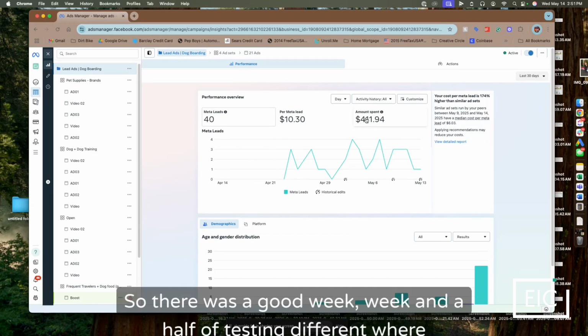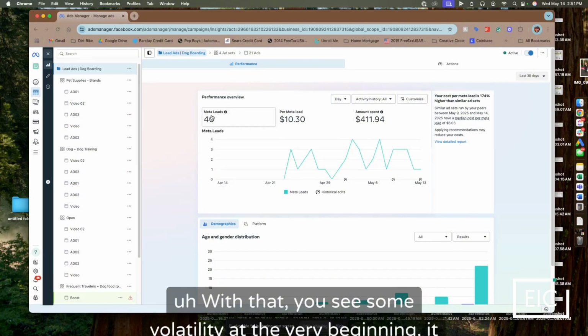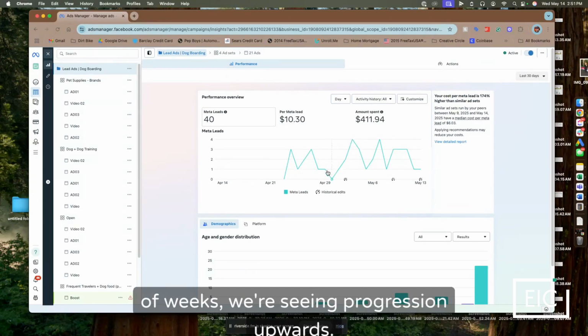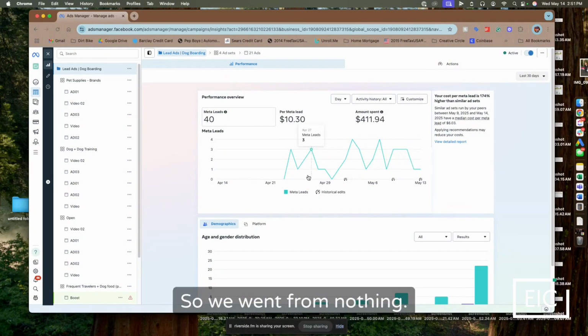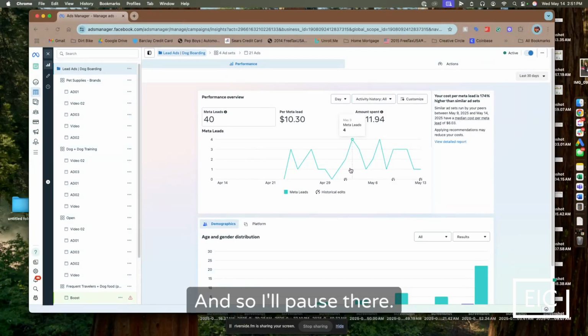So there was a good week and a half of testing different places where we're landing someone to see if we're going to get our outcome. With that, you see some volatility at the very beginning. It shoots up, comes down, a lot of ups and downs, but over the last couple weeks, we're seeing progression upwards. So we went from nothing to getting some volatility to starting to get some consistency. And so I'll pause there.